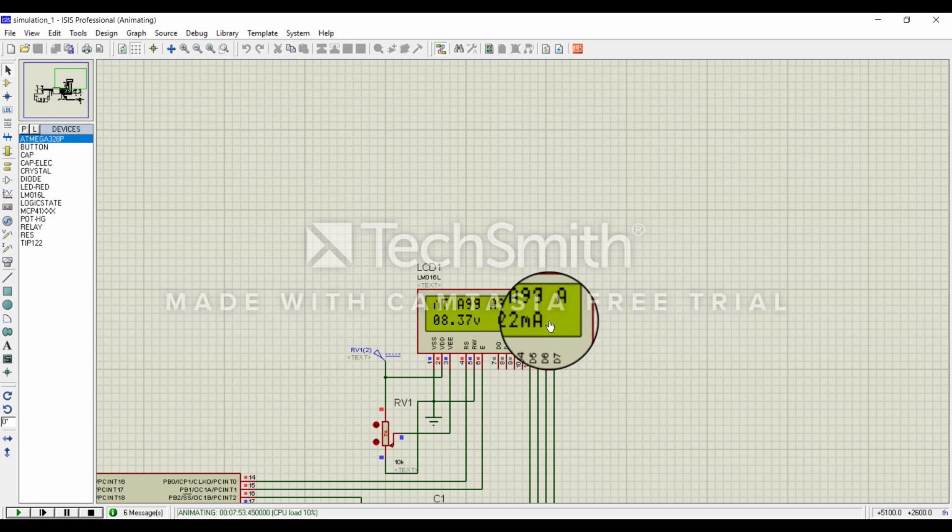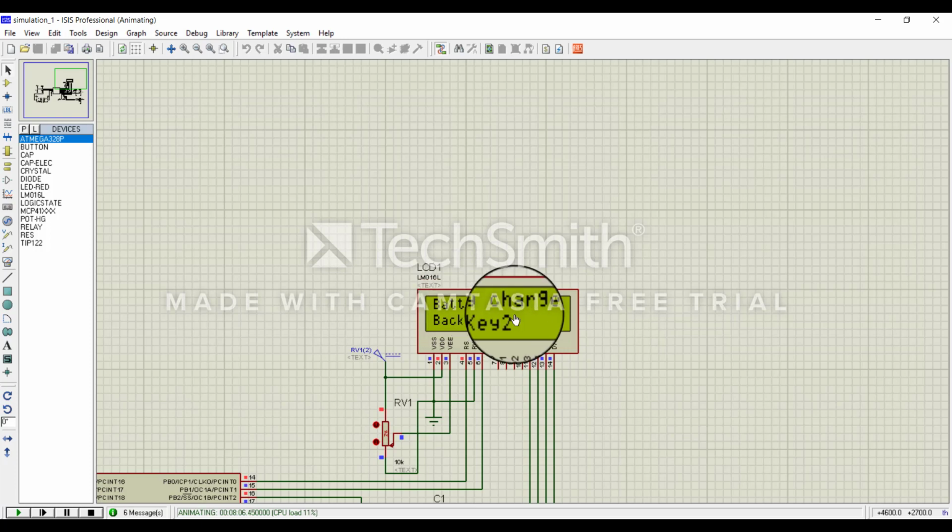Here the current is measured using the IC ACS712 of 5 ampere range. It is a Hall effect based sensor and will provide an absolute measurement of the current.